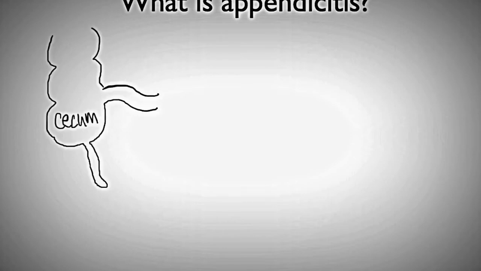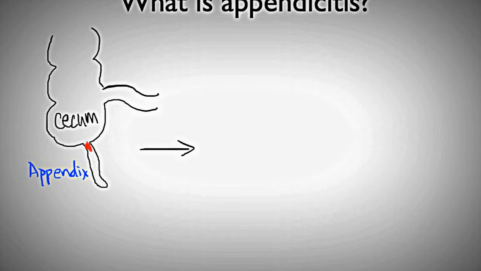What is appendicitis? Let's first look at the cecum and the appendix. Here is the cecum, and this is the appendix. Appendicitis occurs when the appendix lumen is blocked, either by food particle, lymphoid tissue, etc. Due to the blocked lumen, the pressure inside increases and blocks vascular drainage.